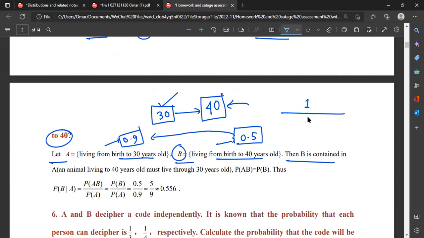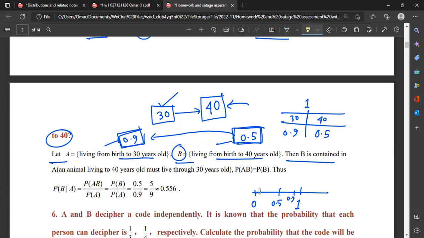If I draw a line here, here is 0 and here is 1, so here is 0.5 and maybe here is 0.9.